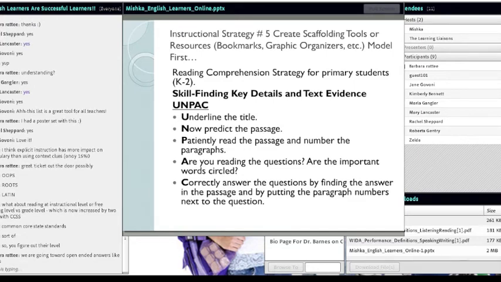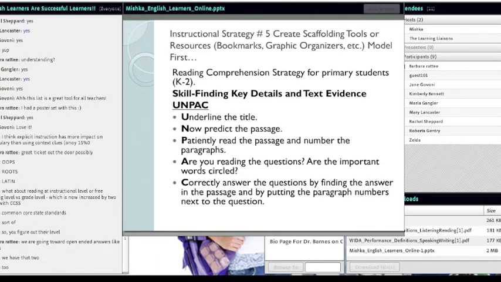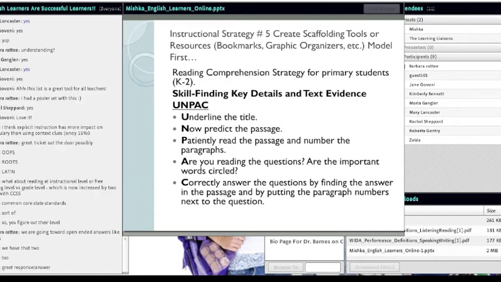So you figure out their reading level, and then after that, you gather resources, books, and readings that are on their level, and then you use this instructional tool to help them move towards their grade reading level. Yes, exactly. Thank you.